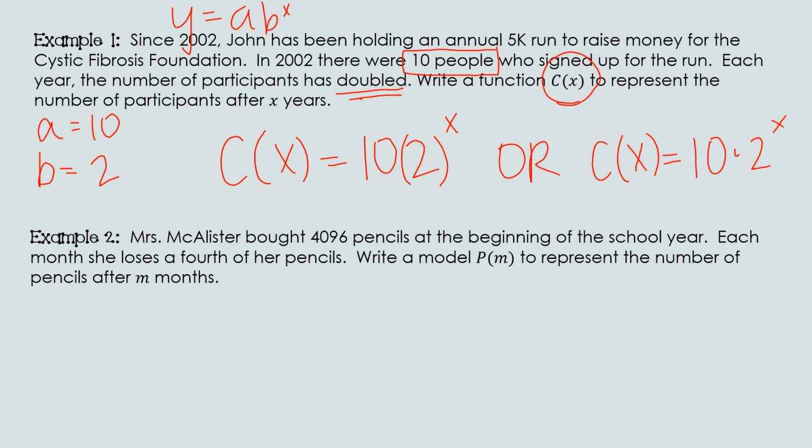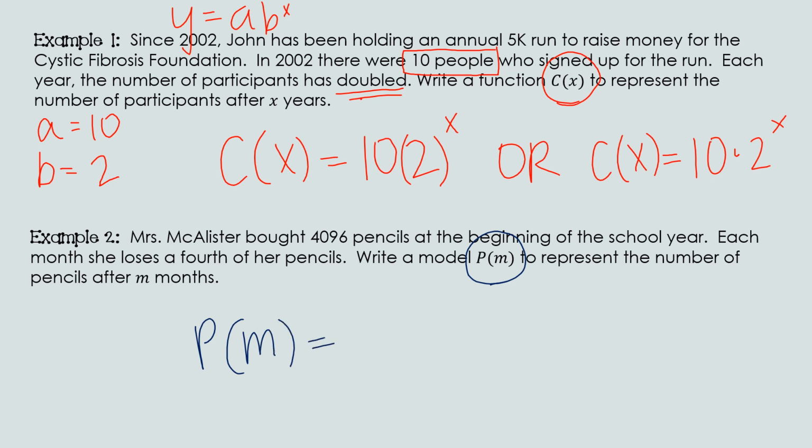Example 2: Mrs. McAllister bought 4,096 pencils at the beginning of the school year, and each month she loses a fourth of her pencils. Write a model P of M to represent the number of pencils after M months. A model is the same thing as a function. So it's asking me to write a function as P of M equals.